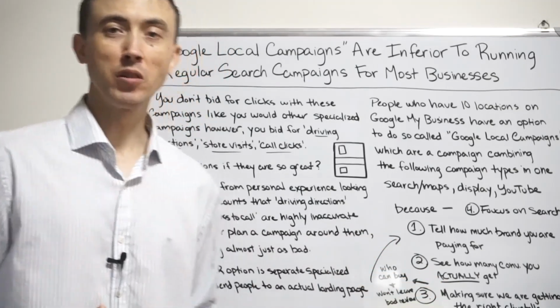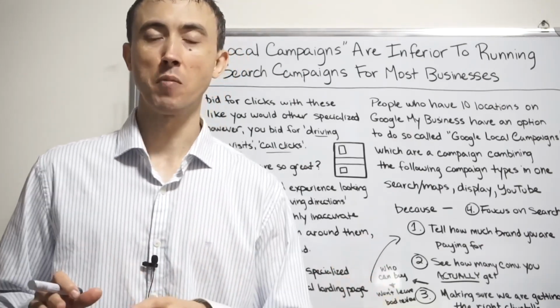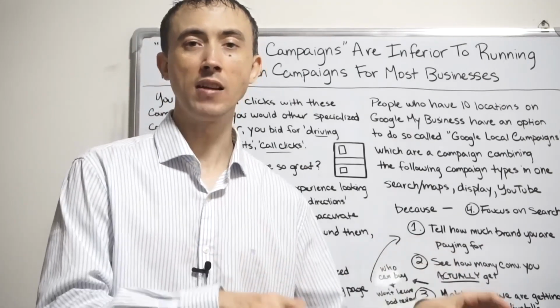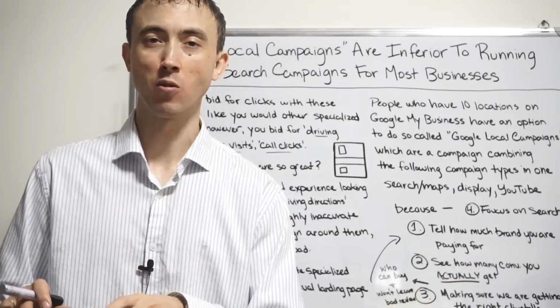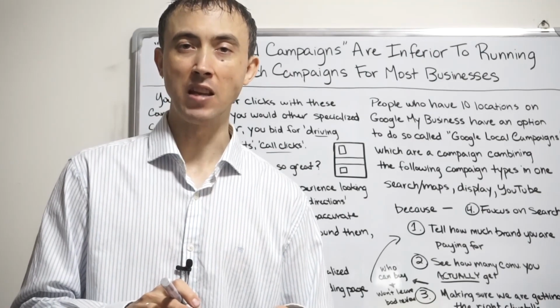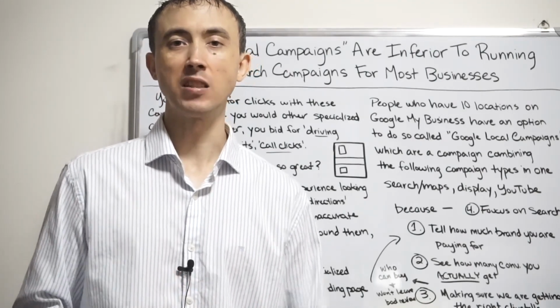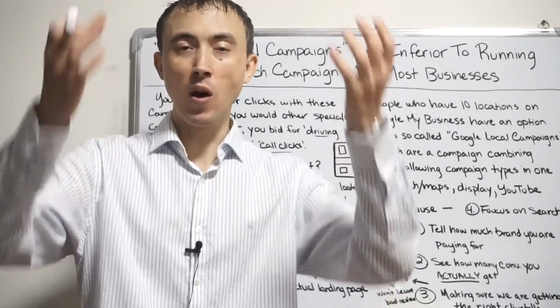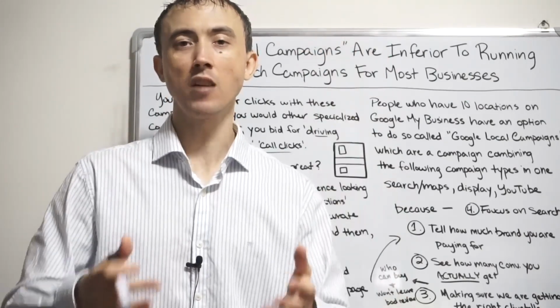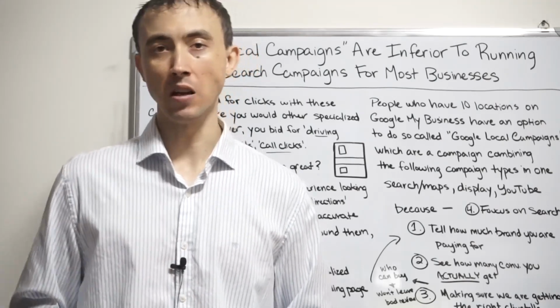What I do absolutely want to be able to do is boil everything down to how much can I pay to get someone in my store, and then come up with effective ways to measure what it costs to bring someone in my store, so I know when I'm profitable, so I'm not just pissing money away with a negative ROI. But on top of it, when I am profitable, I could scale and scale profitably as well, because I know what cost per store visit I can't go over before I start losing money.